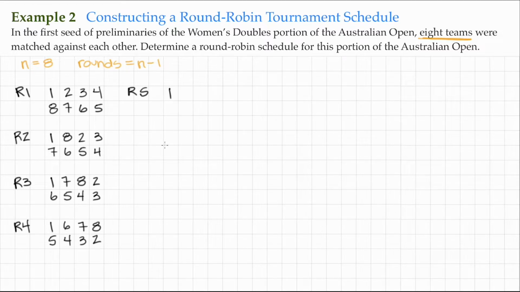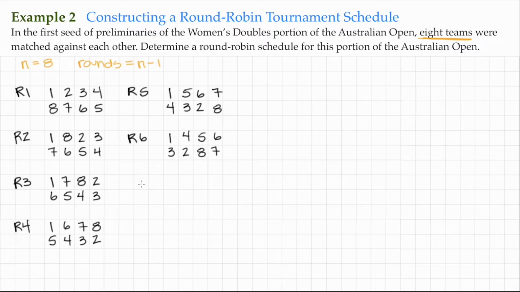There's our anchor team, 5, 6, 7, halfway through our teams, 8, 2, 3, and 4. It's really just going around in circles, leaving our anchor team where it's at. Round 6, there's our anchor team, 4, 5, 6, 7, 8, 2, and 3.